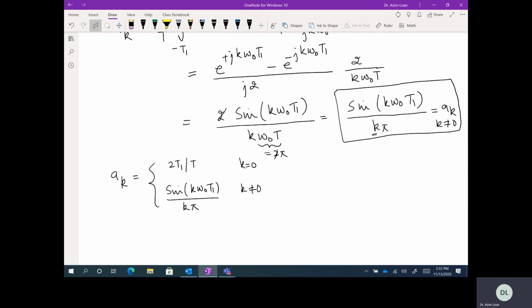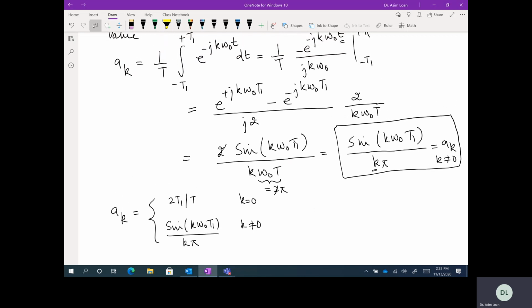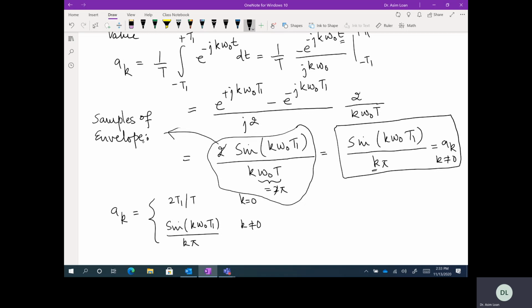Okay, good. And what is this thing? These are samples of an envelope, which is 2 sine omega t1 over omega T, where omega is k omega naught.